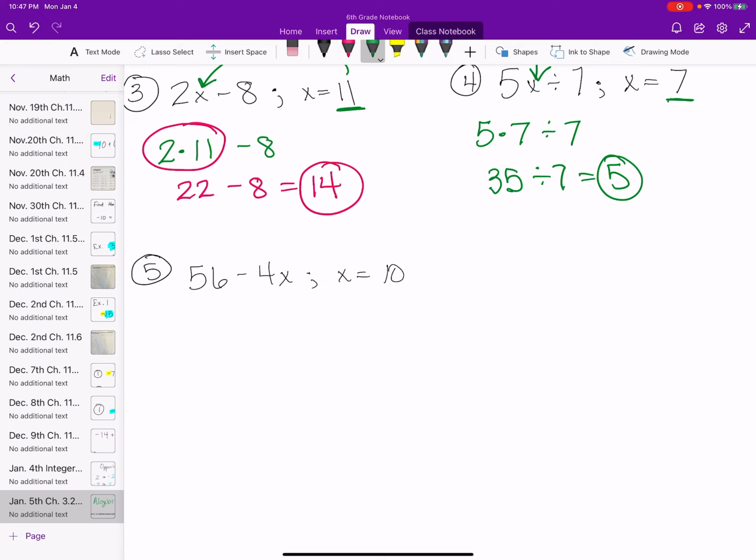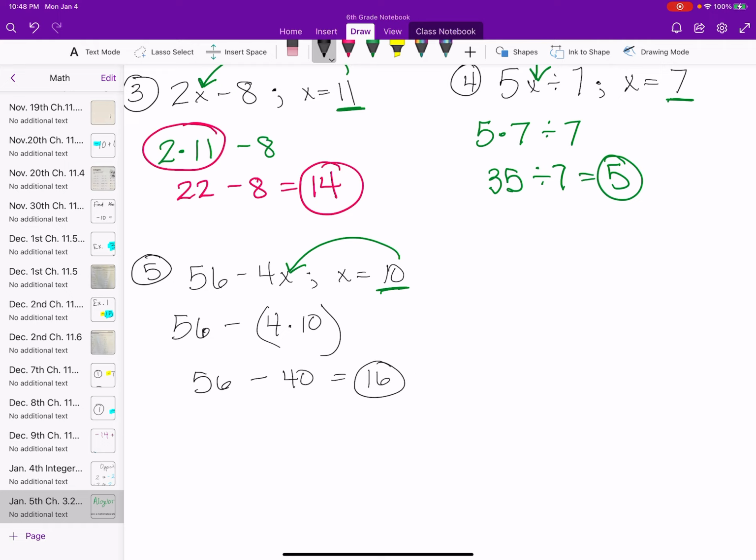Okay, so we need to plug in our 10 to our x first, and that gets us 4 times 10. Okay. What I would just say is do our multiplication first. So take this 4 times 10, and that's 40. And so now you still have your 56 minus 40 equals 16 as your final answer.